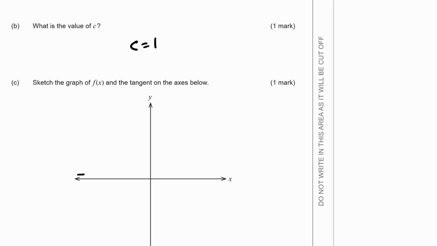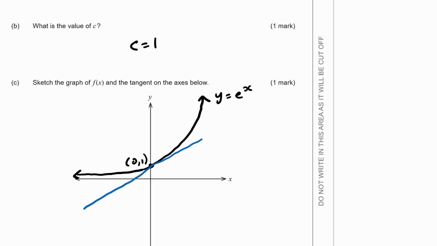So we know what e to the x looks like. So it's going to go like this. And we know that's 0, 1. And so the tangent must go like this.